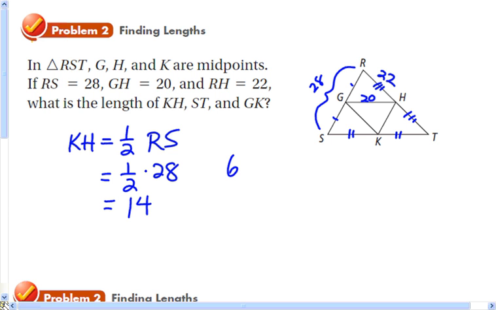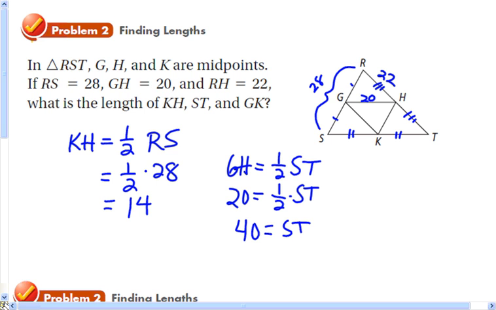We know that GH is 1/2 the length of segment ST. And we can substitute GH is 20, so that's half the length of segment ST. We can just multiply both sides by 2, and we get the length of segment ST is 40.